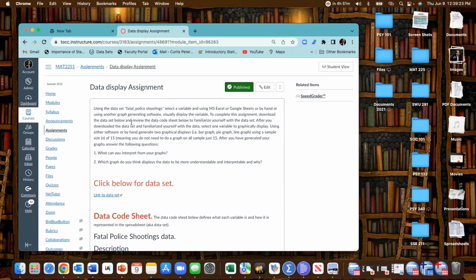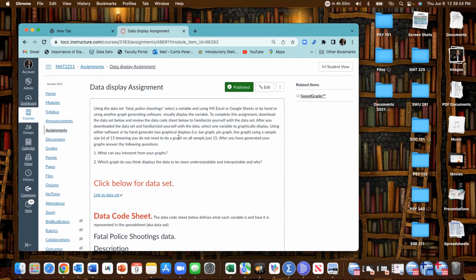Okay, and what I'd like you to do is don't do the whole entire thing, just select like the first 15 cases, okay? And I want you to do 2 different types of graphs, whether it be a pie graph and a line graph, or a pie graph and a bar graph, whatever 2 combination you want to do, using a sample of 15.